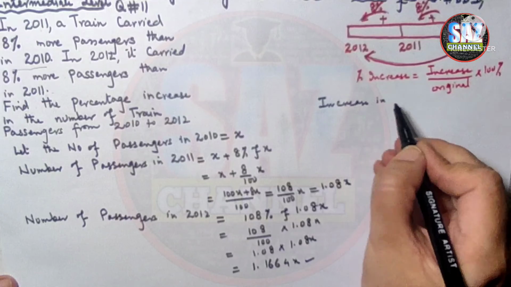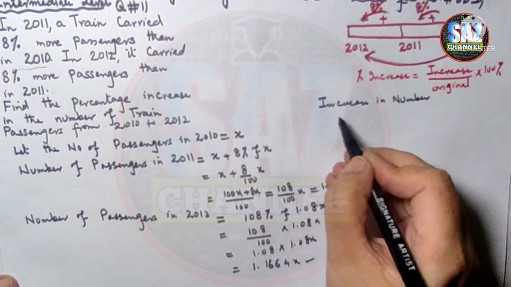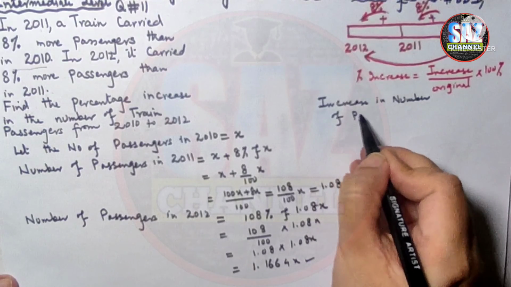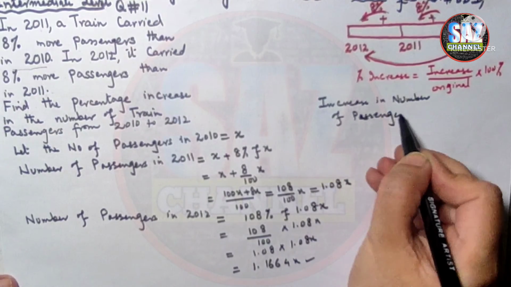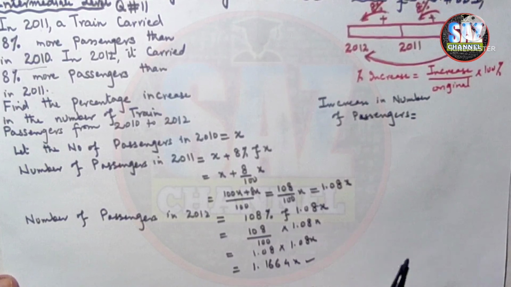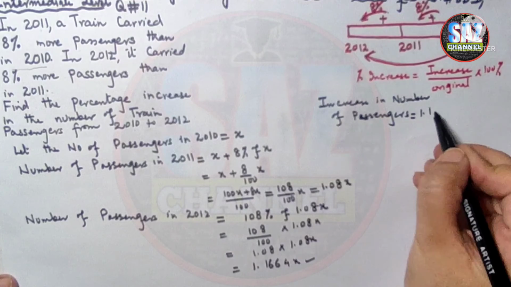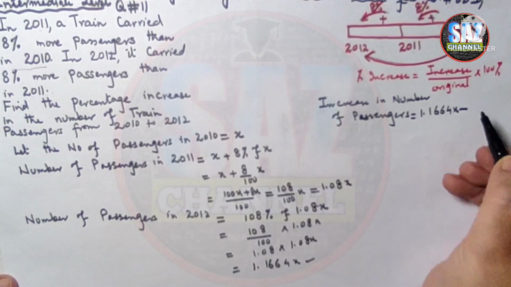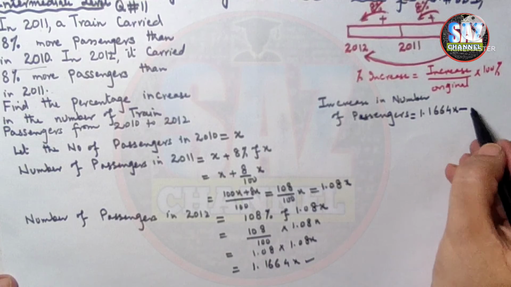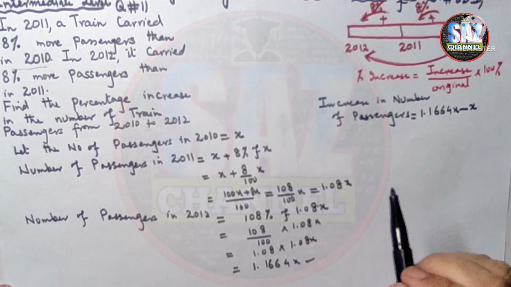Now it's time to find the increase in the number of passengers. That will be equal to 1.1664x, the number of passengers in 2012, minus the number of passengers in 2010.